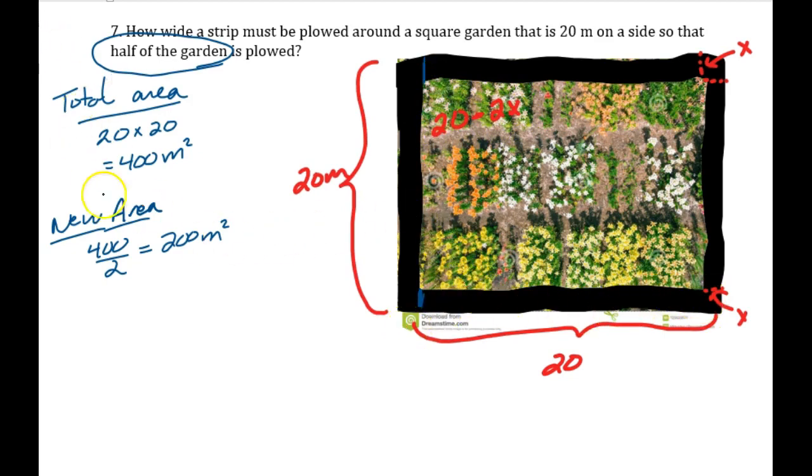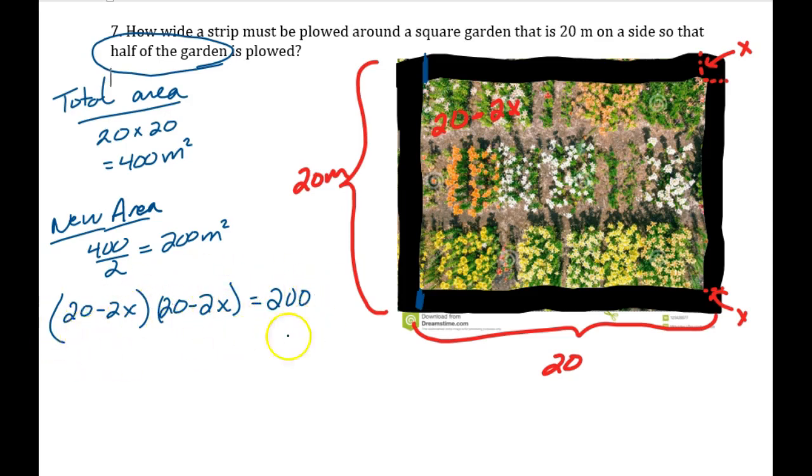So for your new area, 20 minus 2x is the size of the garden on the inside. Again, you started with 20, and you took off a strip of x width here and x width here, so that makes your 2x. So that's one side. The other side will be the same because it's square. And that should equal 200.